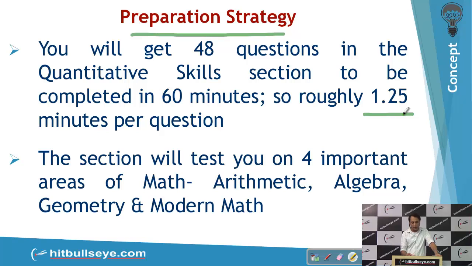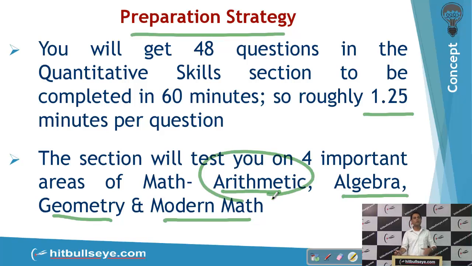The section will test you on 4 important areas of math: arithmetic, algebra, geometry, and modern maths. Once you have this plan in front of you, it's easier for you to put an effort across all the modules. For example, if you look at arithmetic, you possibly start with concepts like numbers, percentage, profit and loss, averages, mixtures.